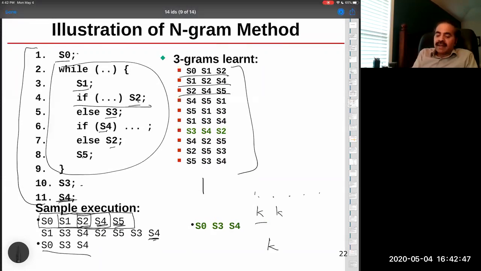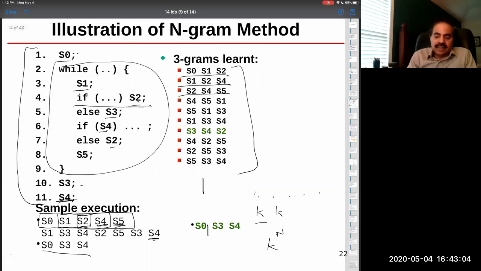So you will have k to the power n possible n-grams, which means that if n becomes even slightly large, the number of distinct n-grams is going to be very large.